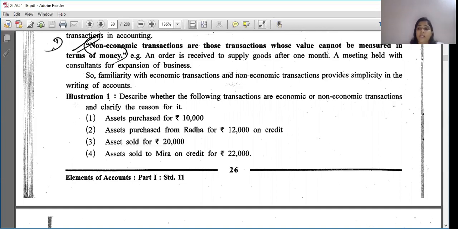So from Saturday we are starting with the writing of lesson number 2. Right. So now the question arises: what is to be written? So your submission of writing for lesson number 2 is on Saturday. That is the topic: describe whether the following transactions are economic or non-economic.